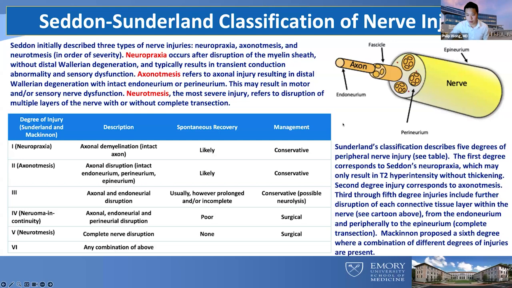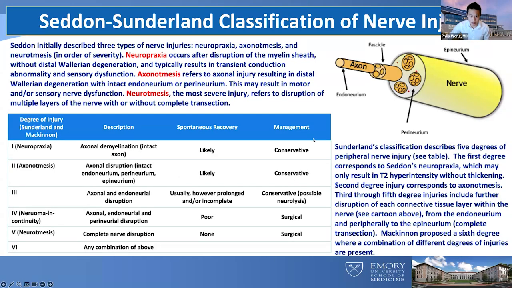Sunderland went further into this and had 5 degrees of nerve injury, with the first degree corresponding to Seddon's neuropraxia, the second degree referring to more axonal disruption.